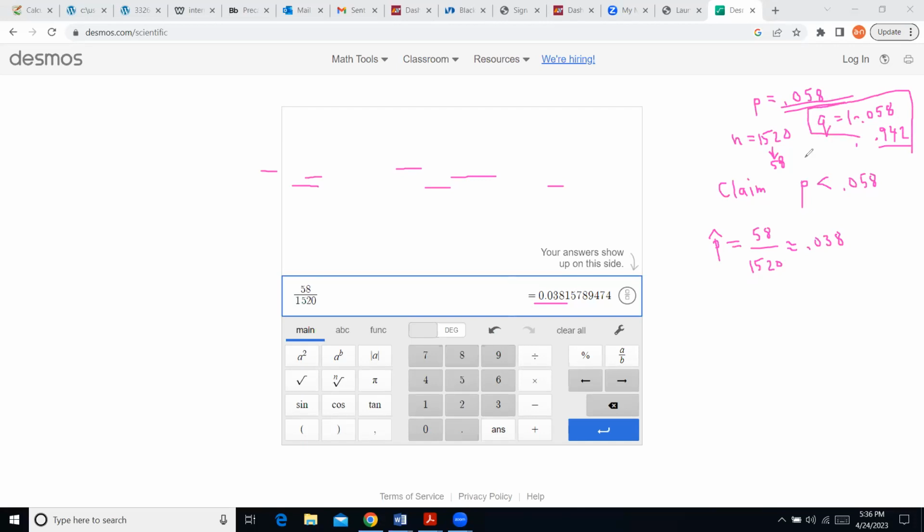Well, let us finish up with setting the hypotheses. We need to put the claim in H1, right? The claim is in H1 because it does not have an equal sign. Its opposite statement, H0, is going to be p is not less, but greater than or equal to 0.058.